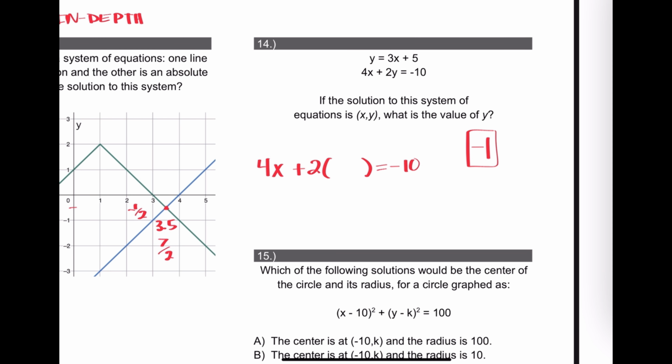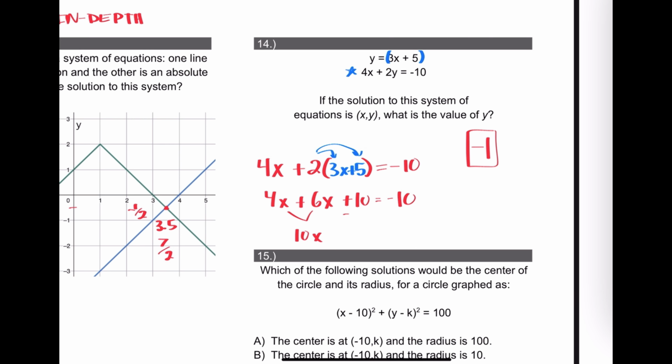You could also solve this algebraically using the substitution method. Note if I take this equation and then I just plug in what y equals, which is 3x plus 5, you could distribute, giving you 4x plus 6x plus 10. Combine like terms here, we get 10x.